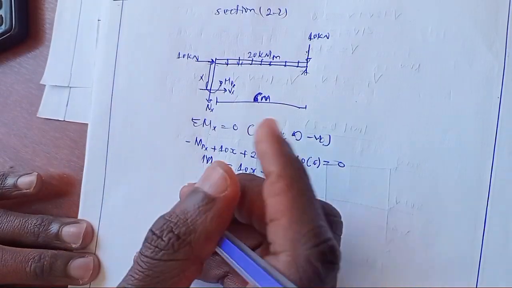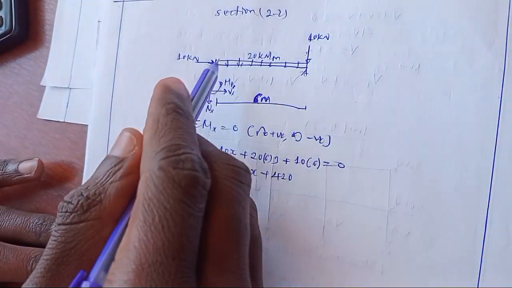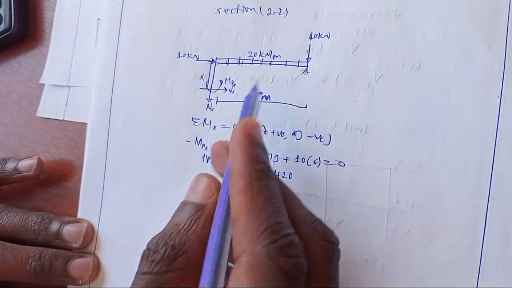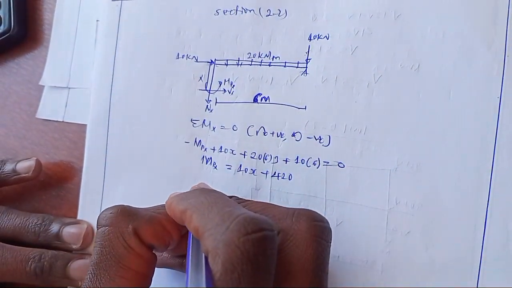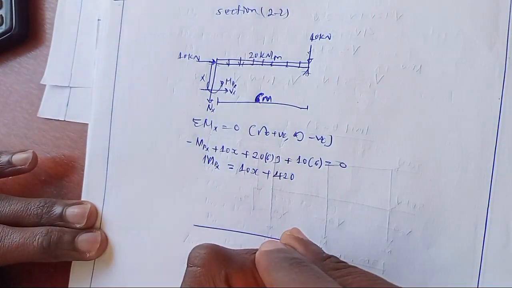Now, in order to obtain the moment due to unit load, we remove the applied load and introduce a unit load at point A. After removing all applied load, it will be in this way.